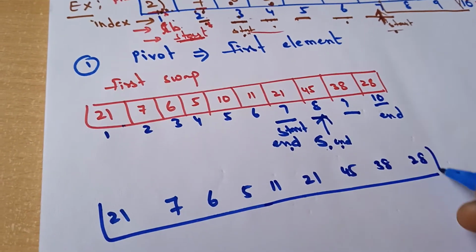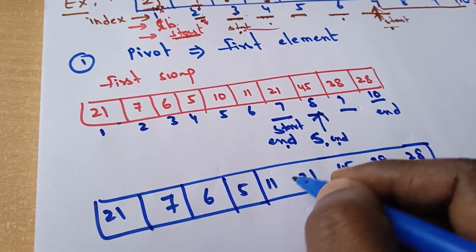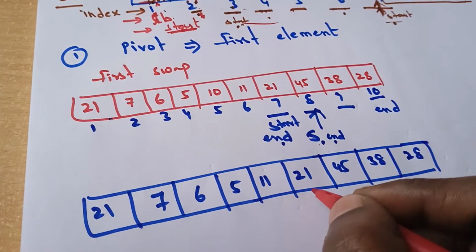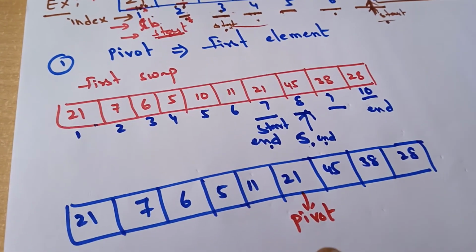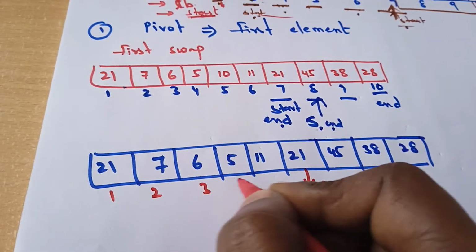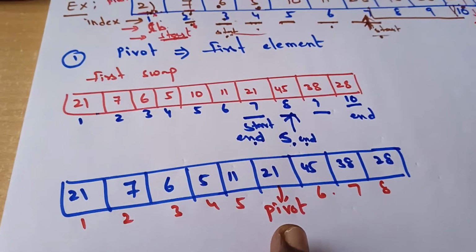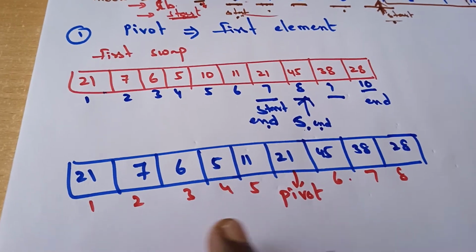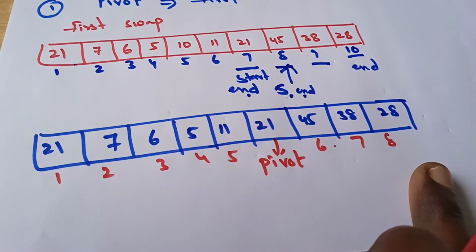Now this is my list. Now this is my pivot element place. This is my pivot element place. Now you can see that all the elements lesser or equal to the pivot are on the left-hand side, all the elements greater than this pivot are on the right-hand side.